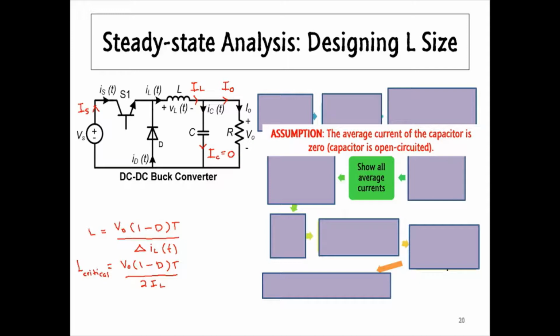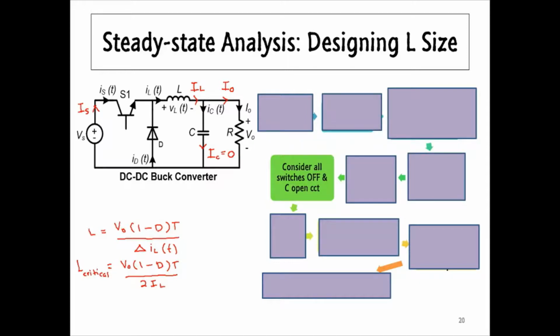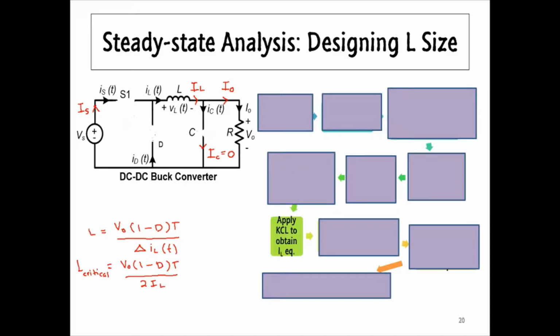To analyze the average currents more easily, we must consider all power switches in the converter are turned off. Next, we can apply KCL at this node to obtain the inductor current equation. Eventually, we can see the average inductor current is equal to the output current.